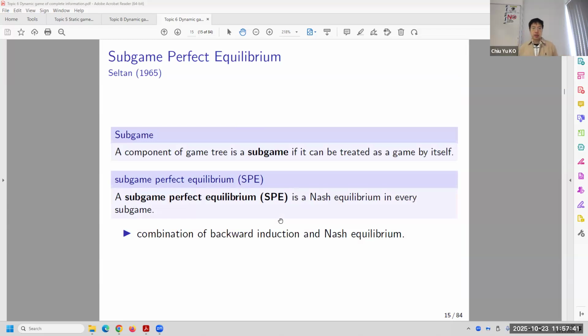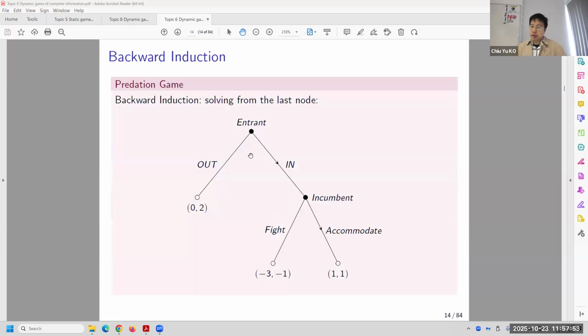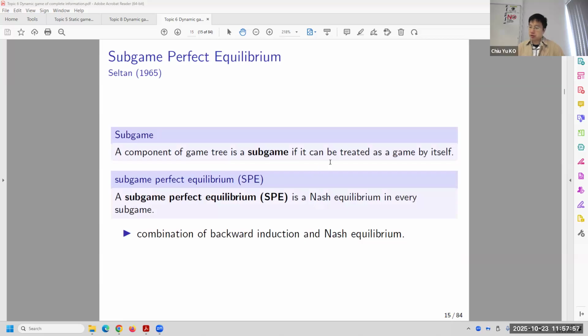principle of backward induction, and it's a contribution from Selten in 1965. He would consider a game by decomposing it into subgames, which means that if I cut the tree from that point onward, it itself is a tree. What it's saying is subgame perfect equilibrium means that I look at every subtree.